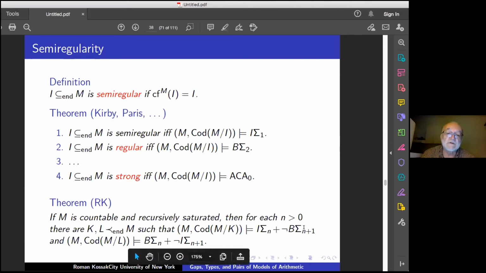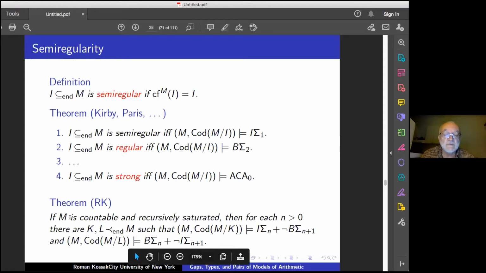Which countable models have elementary extensions that satisfy these fragments, either induction and not collection, or collection and not induction? There are still some open problems about it, and there are some conjectures. Jim has a paper where he has some results about it. Kanovei proved something about it.